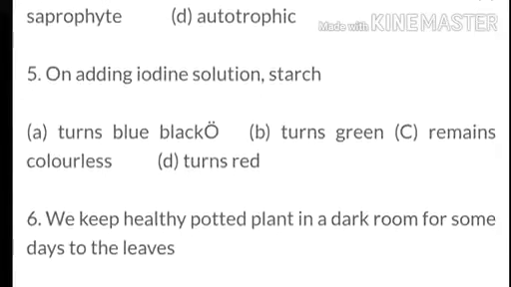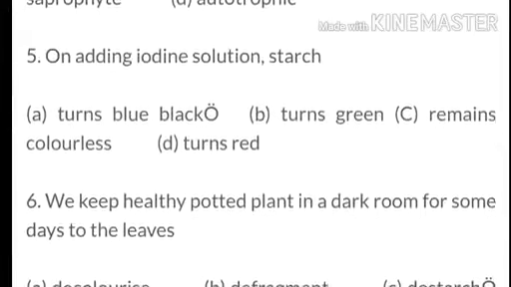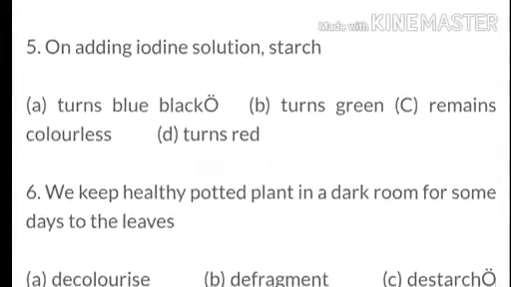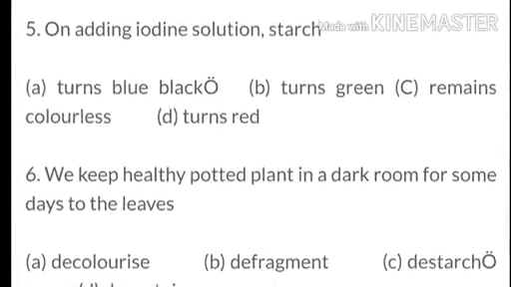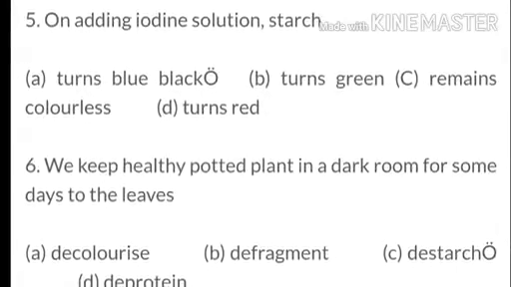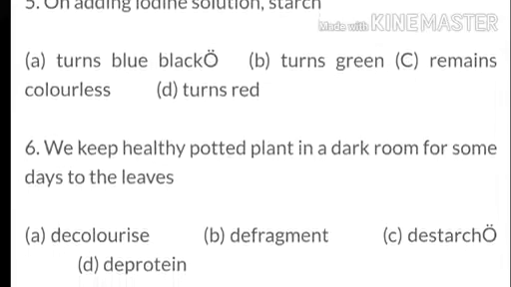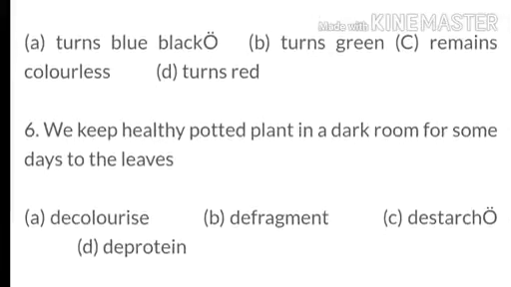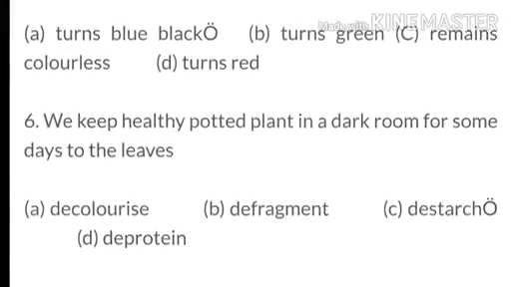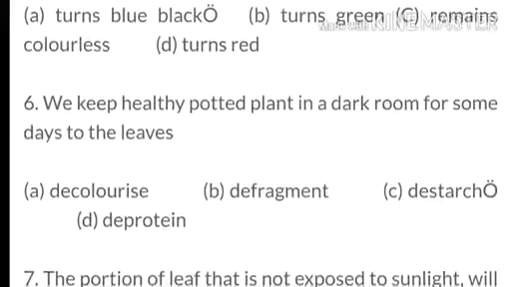Sixth question, we keep a healthy potted plant in a dark room for some days to destarch the leaves. So it will decolorize, defragment, discharge or deprotein. So we know it will discharge. The correct option is discharge. So you must write all these things in your fair work. We will check.